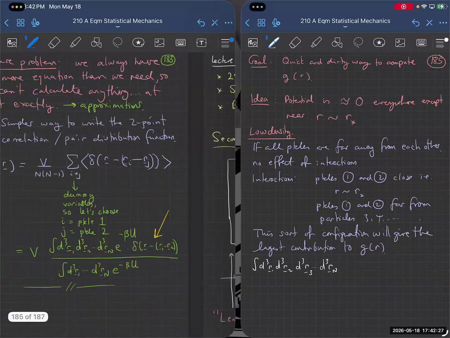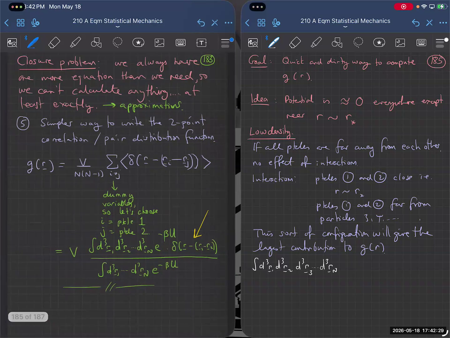So that's the numerator in here. Then I've got to have e to the minus beta over 2, and the sum over i not equal to j of u of rij, like that.